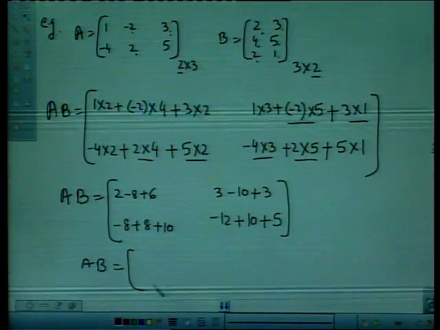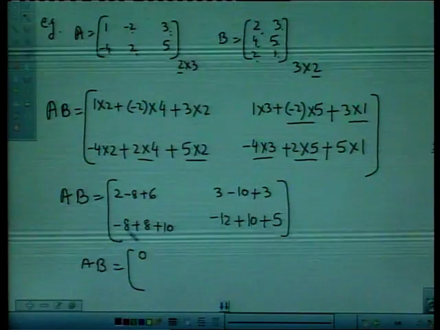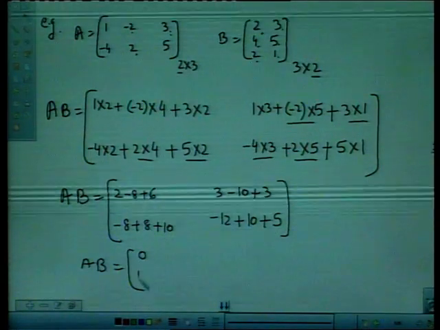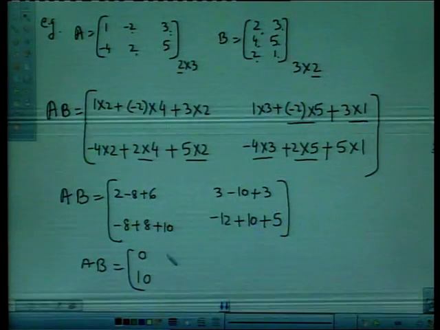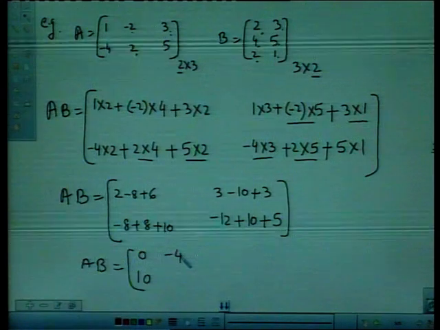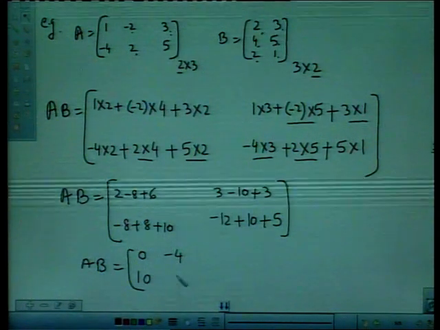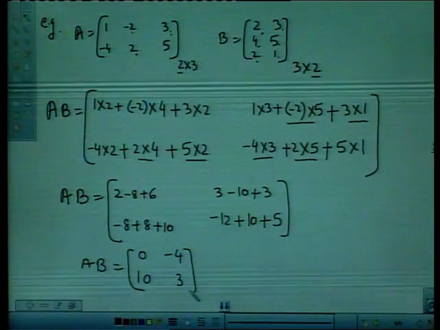What will it become? 2 minus 8 plus 6 is 0, 3 minus 10 plus 3 is minus 4, -8 plus 8 plus 10 is 10, and -12 plus 10 plus 5 is 3. So this is our product.